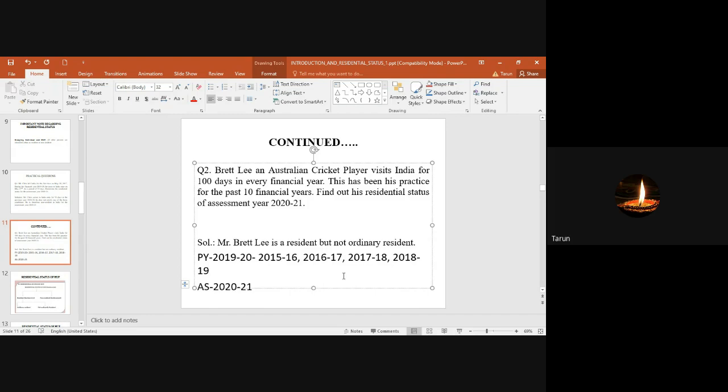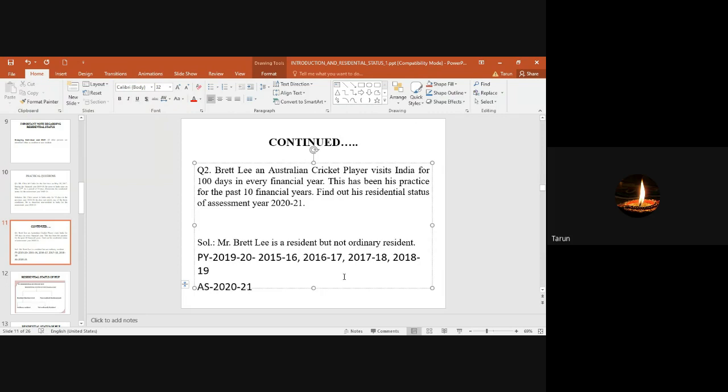The previous year is 2019-20. What is the meaning of that line? More than 365 days in the 4 years preceding the relevant year. The relevant year is the previous year 2019-20, so the 4 preceding years would be 2015 to 16, 16 to 17, 17 to 18, and 2018 to 19.